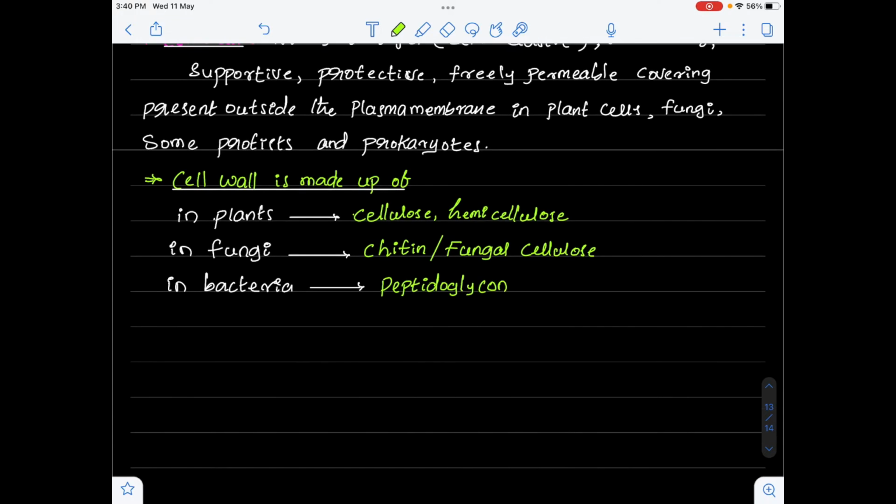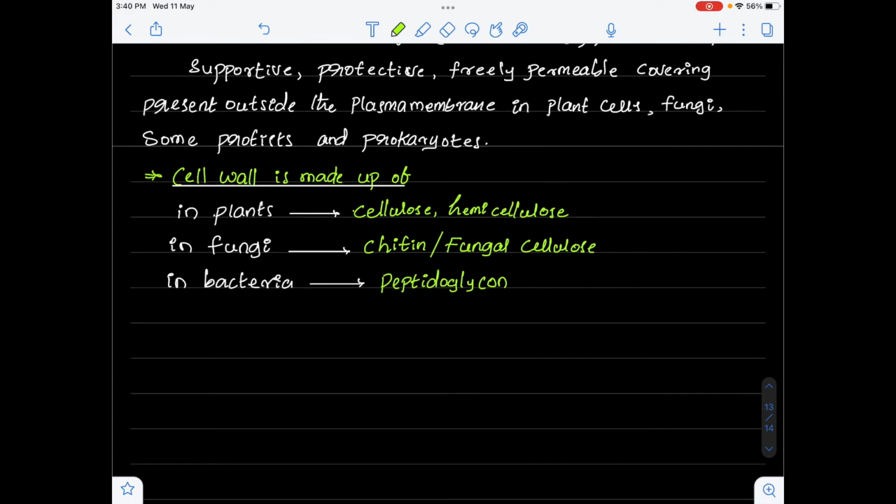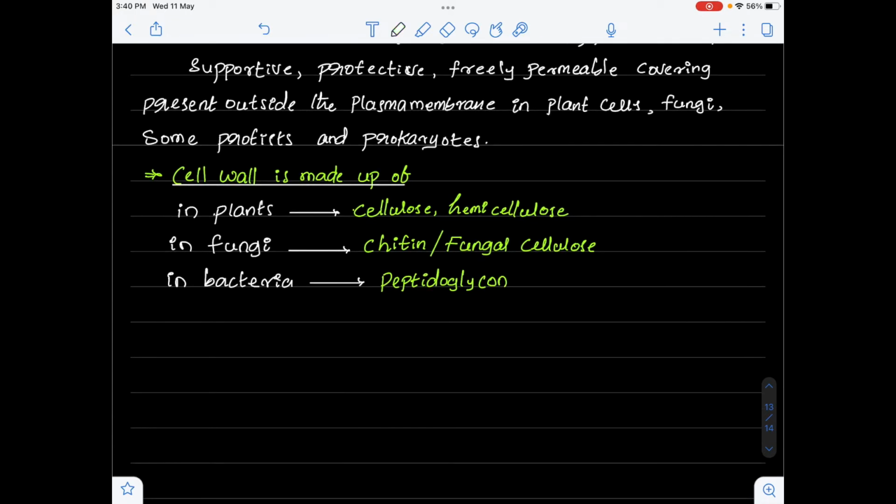In all bacteria, cell wall is present except mycoplasma. In mycoplasma, cell wall is absent.